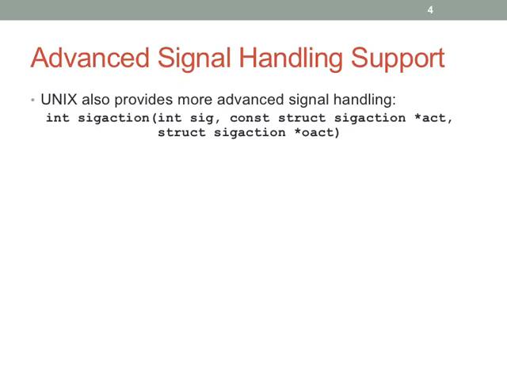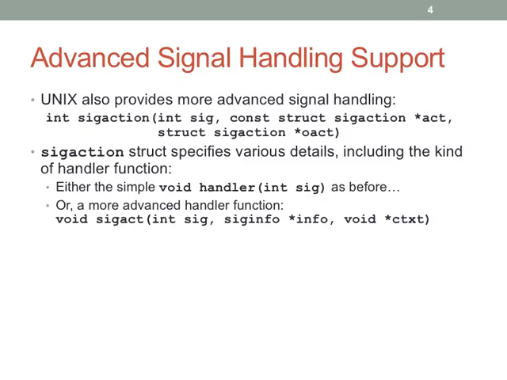Do you want signal delivery to be overlapping, or do you want it to be sequential so that no two signals overlap? Things like that. And notice that you have a sigaction for passing in details and then a sigaction for receiving the details of the previous signal handler. Okay, so there's a lot of different things in there.